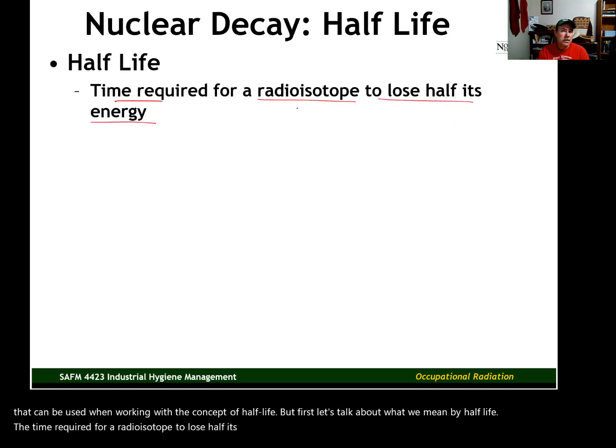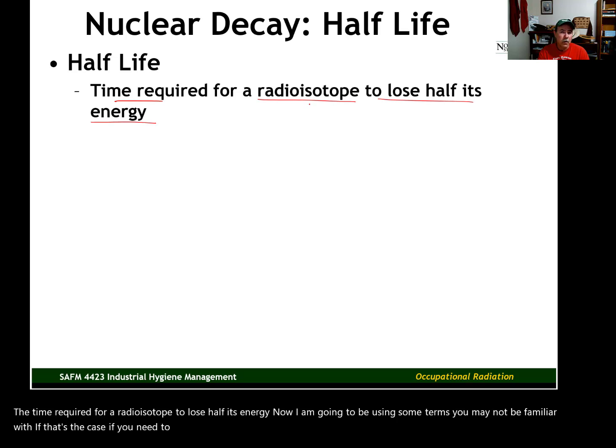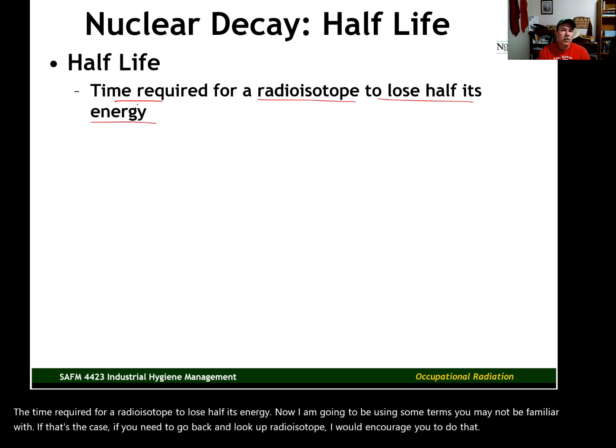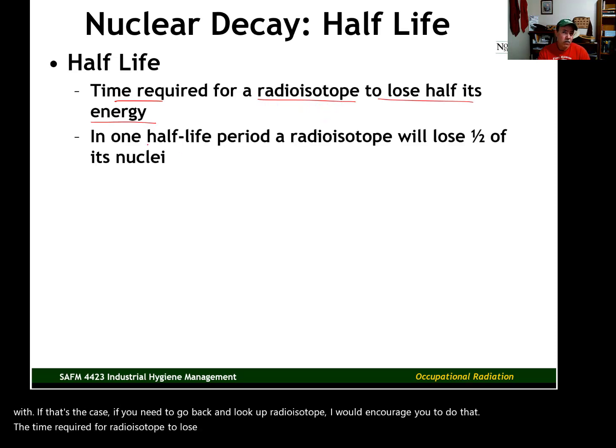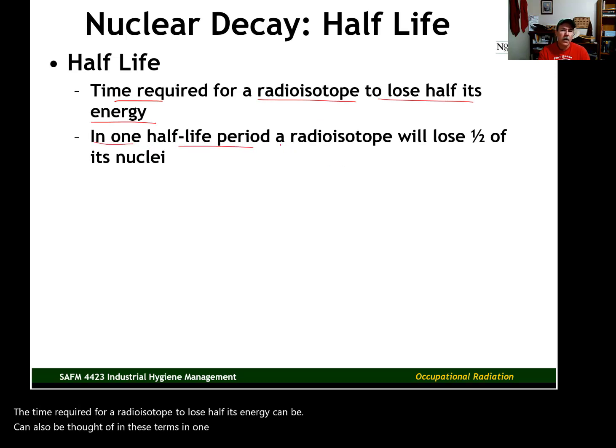Now, I am going to be using some terms you may not be familiar with. If that's the case, if you need to go back and look up radioisotope, I would encourage you to do that. But it's the time required for a radioisotope to lose half its energy. It can also be thought of in these terms: in one half-life period, a radioisotope will lose one half of its nuclei.